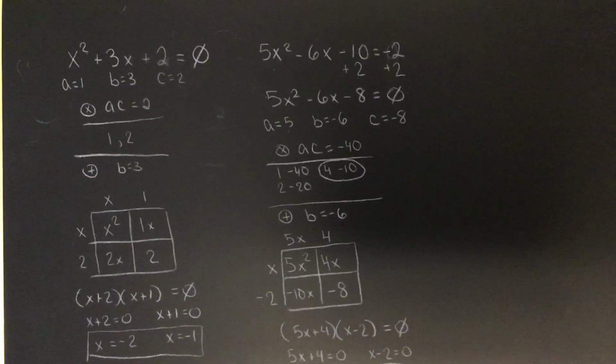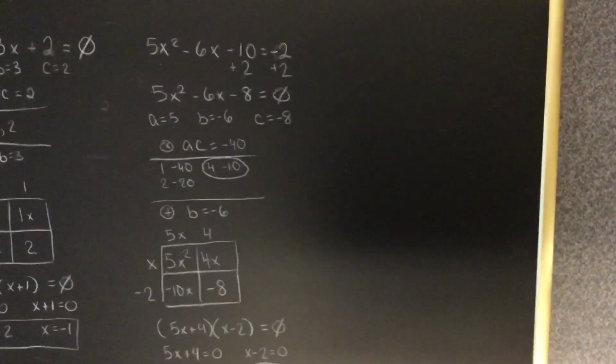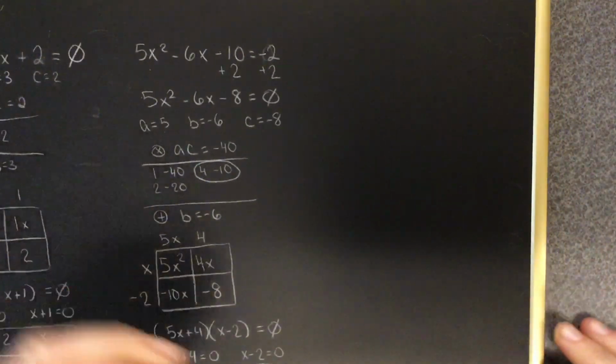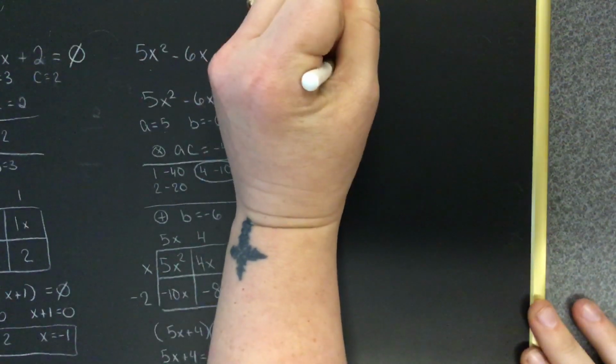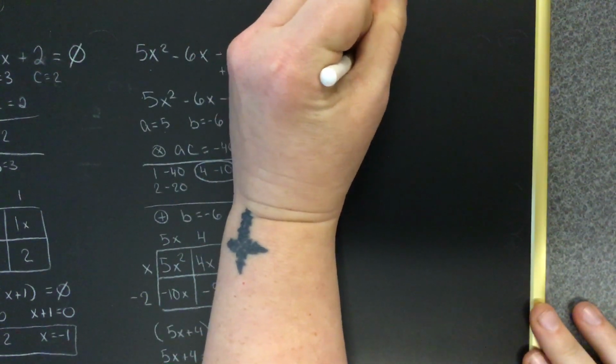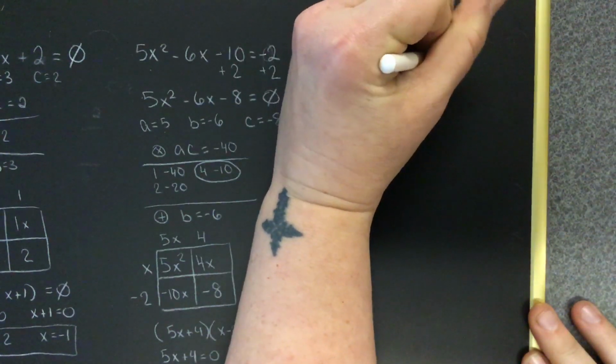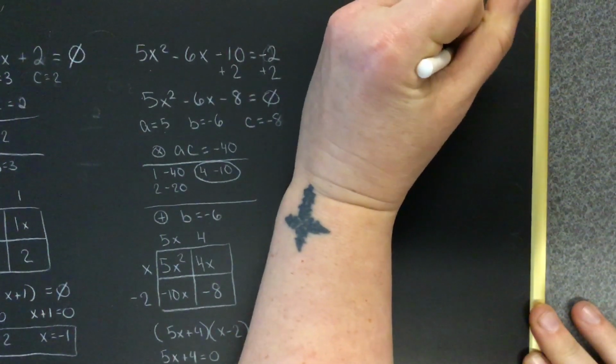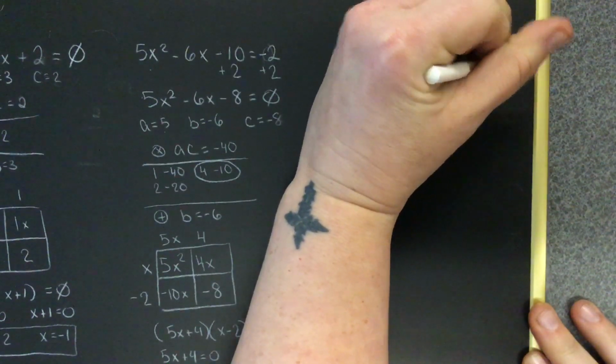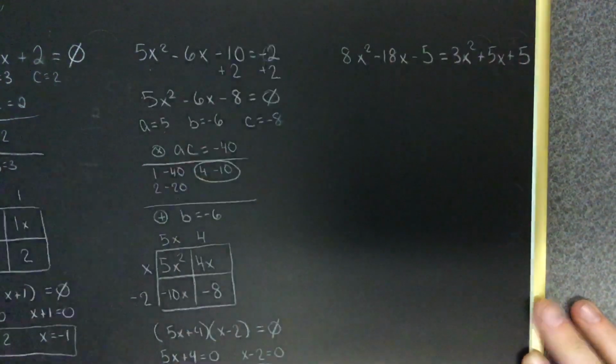All right, and then the third problem is going to be number 11. So move this over. Number 11 gives us 8x squared minus 18x minus 5 is equal to 3x squared plus 5x plus 5.